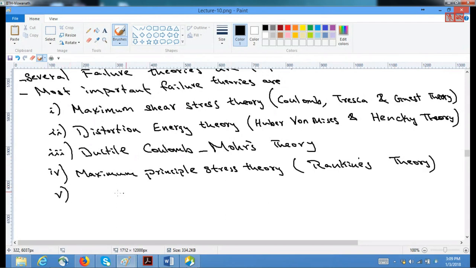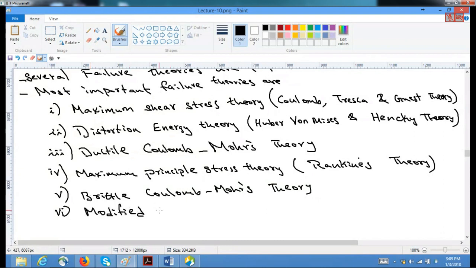Then for the brittle materials, we have brittle Coulomb-Mohr's, and modified Mohr theory.